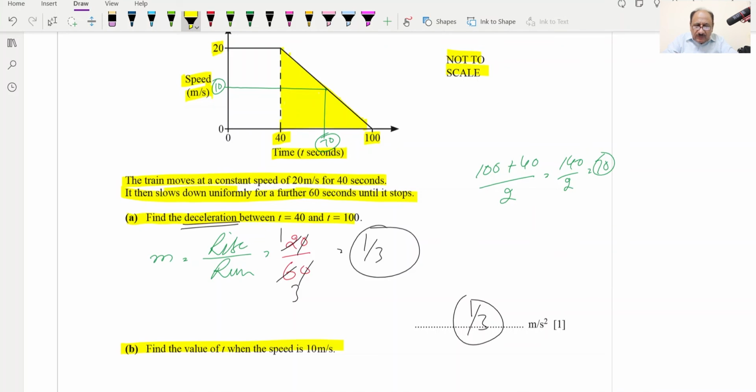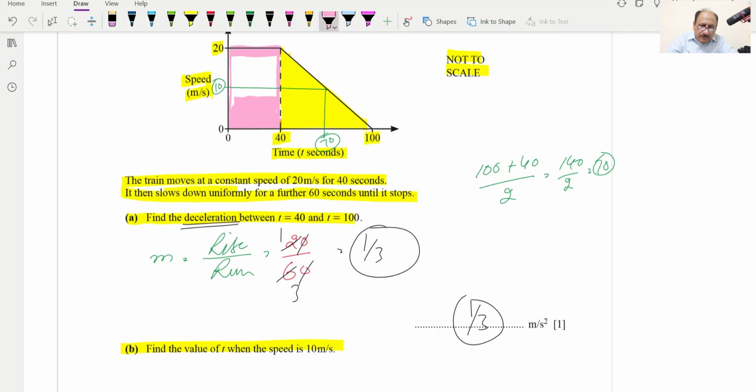One is a triangle, the other one is a rectangle, or we can take a trapezium as one shape, but for your convenience I'm taking the rectangle, which is this one. The other one, yellow shaded, is the triangle.